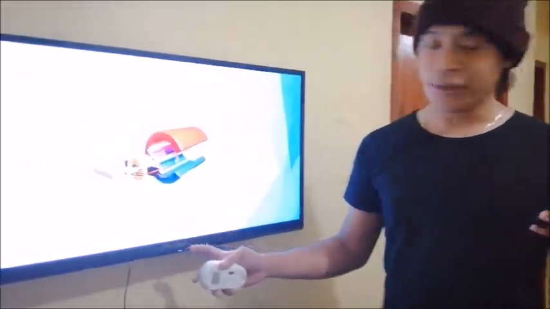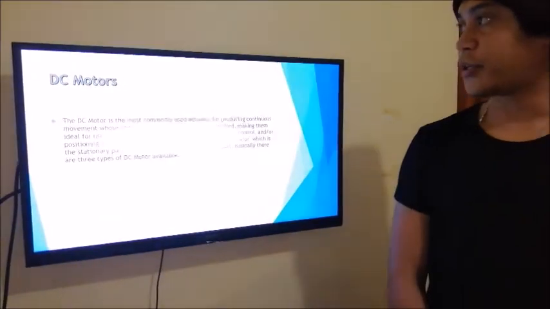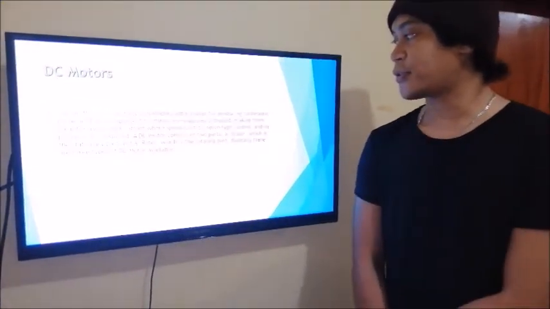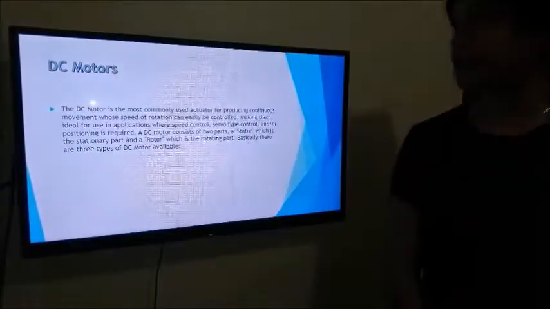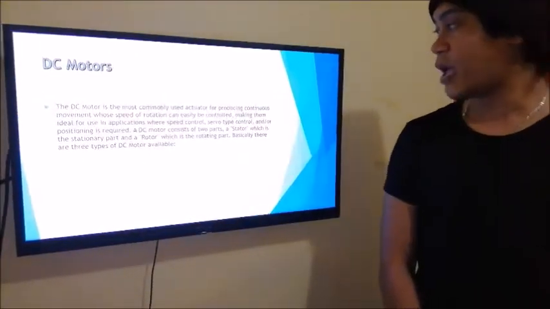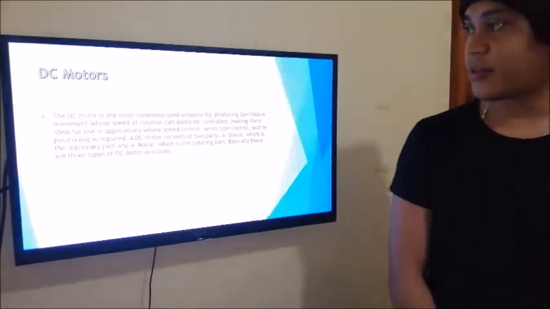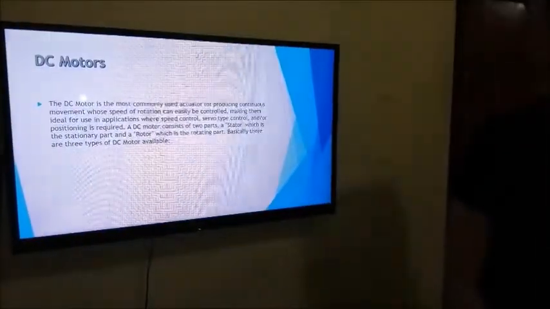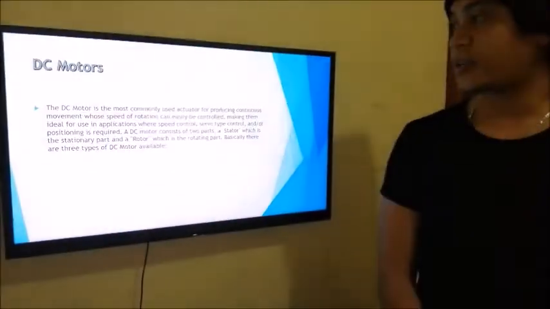So this is the picture. The DC motor is the most commonly used actuator for producing continuous movement whose speed of rotation can easily be controlled, making them ideal for use in applications where speed control, servo type control, and or positioning is required.